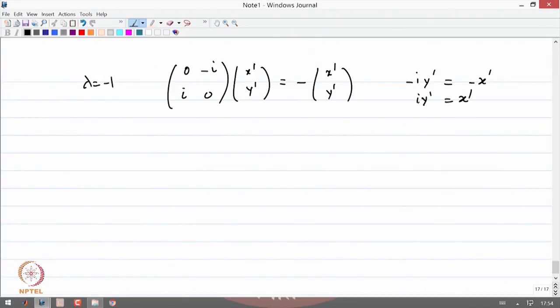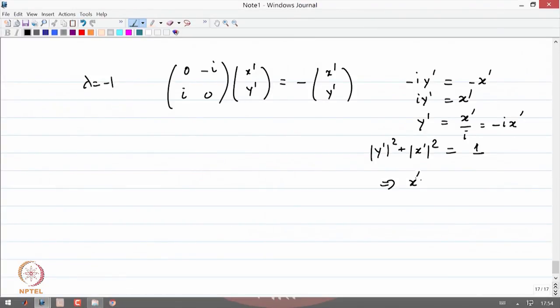The second equation is the same as that. Therefore, y prime is equal to x prime by I, which is minus I x prime. Again, absolute y prime square plus absolute x prime square is equal to 1 implies that the I disappears, because minus I into plus I, when you take the absolute square, is essentially the number into its complex conjugate.